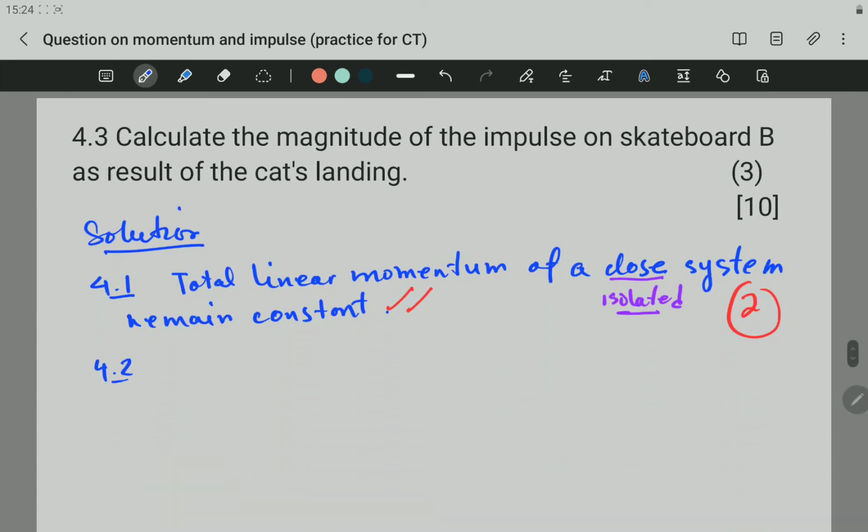So let's quickly write the data. The mass of A is equal to 3.5 kilograms. The mass of the cat, remember we're working with skateboard A and the cat, is 2.6 kilograms.